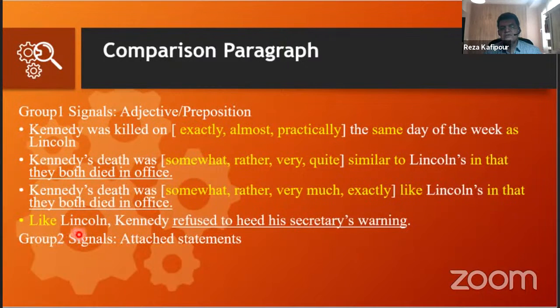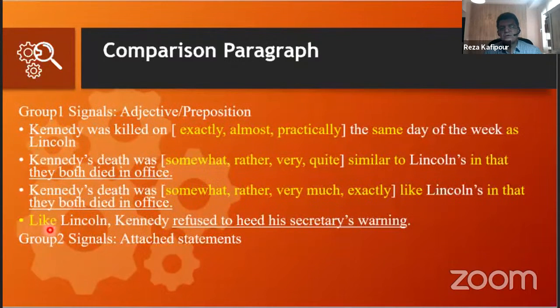We say, like Lincoln, Kennedy refused to heed his secretary's warning. So actually, refused to heed his secretary's warning is the basis of comparison, or the aspect that Kennedy and Lincoln are both compared on, and both have similarity based on this aspect.